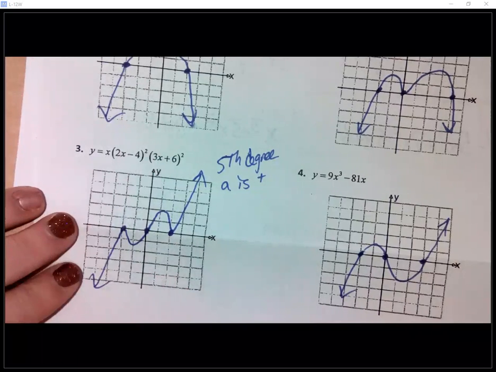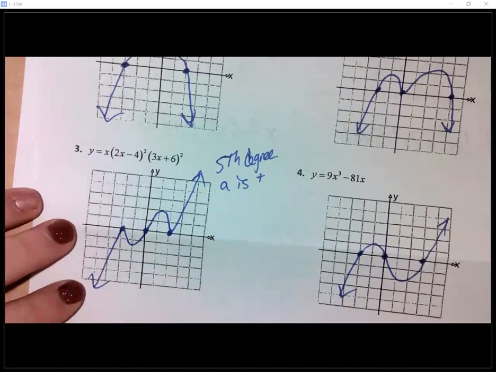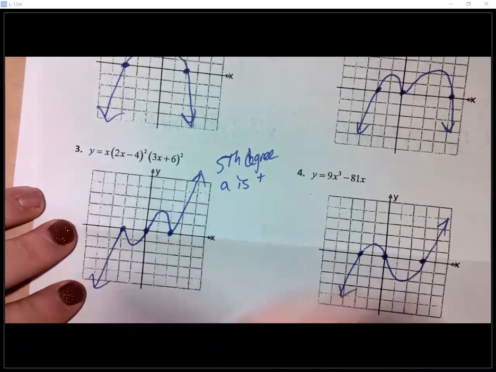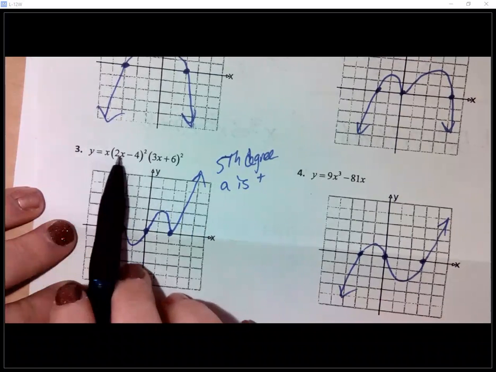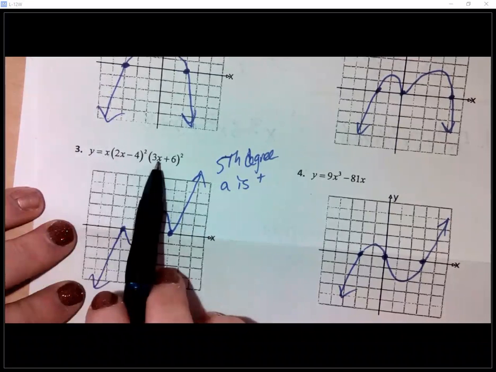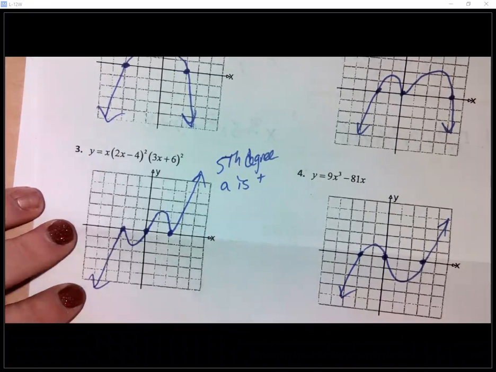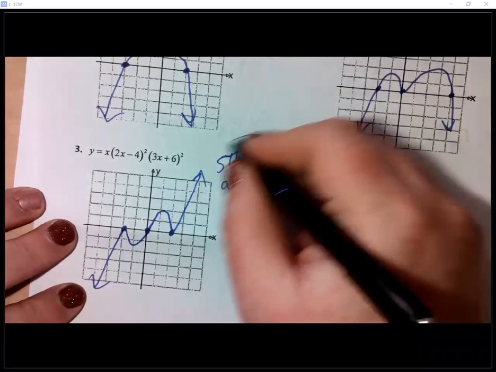So even without multiplying the whole thing out, which would be a total nightmare, but you could, I can already tell it's going to be an x to the 5th. So this will be a 5th degree polynomial. I also know that the lead coefficient, although I don't know what it is, it's going to be positive, right? Look, if I just look at all my first terms, if I multiply them all together, it's going to be a positive number. So that tells me I'm going to have a 5th degree polynomial where a is positive.